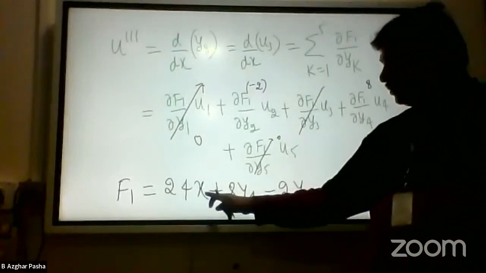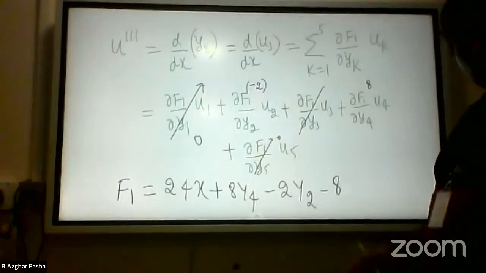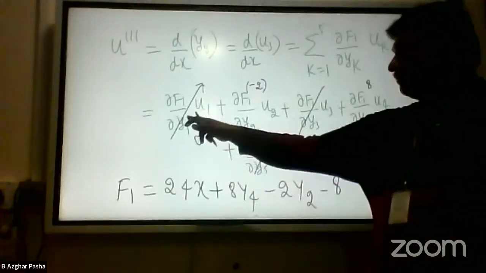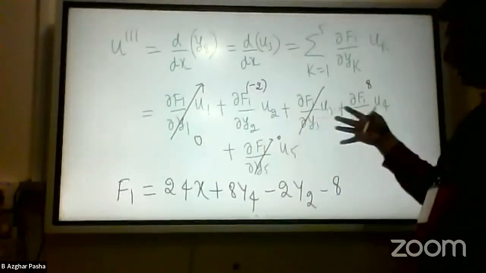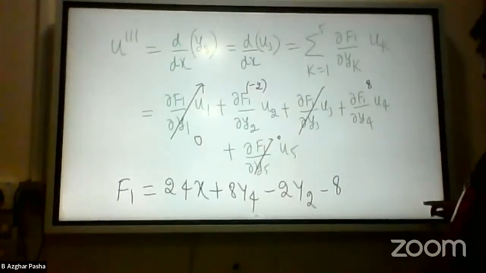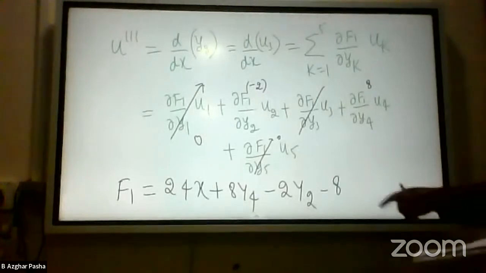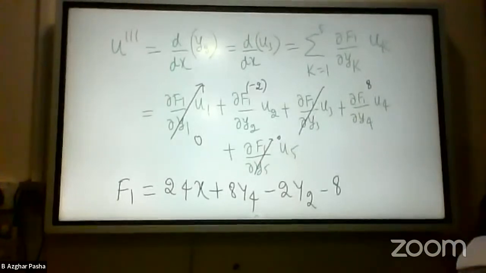Definitely, f depends on x also. I have not included that derivative because x, s and t are independent variables, so that variation with respect to x I have not considered. The other variations by the chain rule I have considered. So I have an expression for u triple dash now, which is minus 2 into u2 plus 8 into u4.